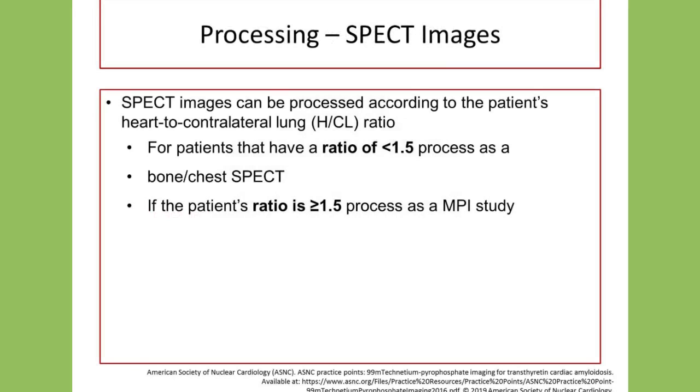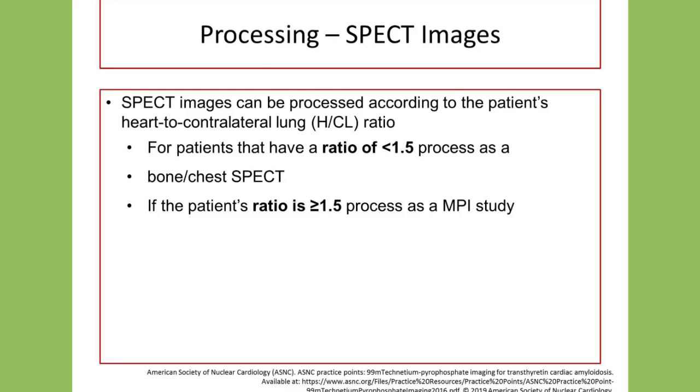Moving on to doing our SPECT imaging, SPECT can be processed according to the patient's heart to contralateral lung ratios. For patients that have a ratio of less than 1.5, or there doesn't look like there's suspected cardiac involvement, it can be processed as a bone or chest SPECT. If the patient's ratio is greater than 1.5, then it can be processed as an MPI study.